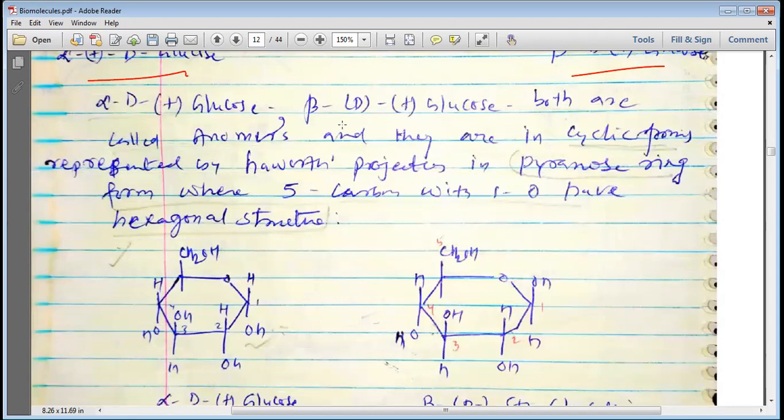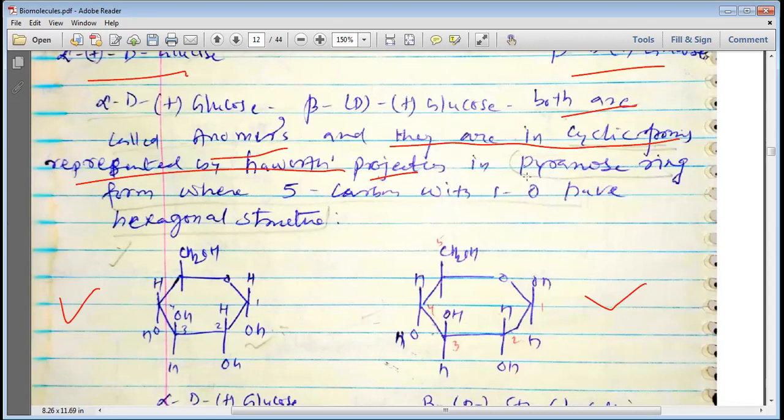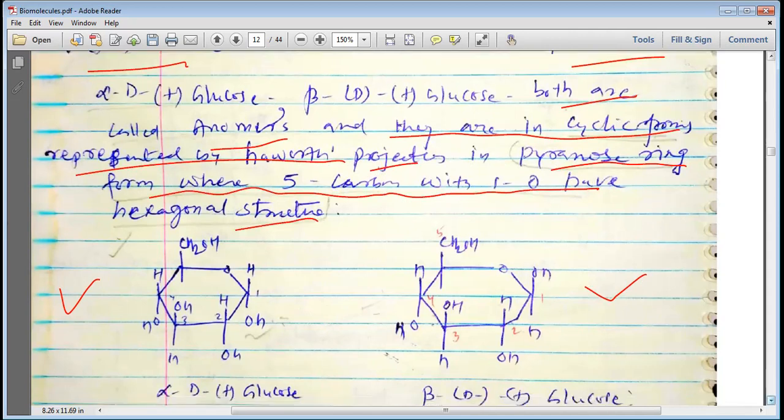Alpha D plus glucose and beta D plus glucose are both called the anomers of glucose, and they are in the cyclic forms represented by a Haworth projection. So this type of representation of glucose is known as the Haworth projection, here in a pyranose ring where 5 carbons and 1 oxygen are bonded in a hexagonal form.